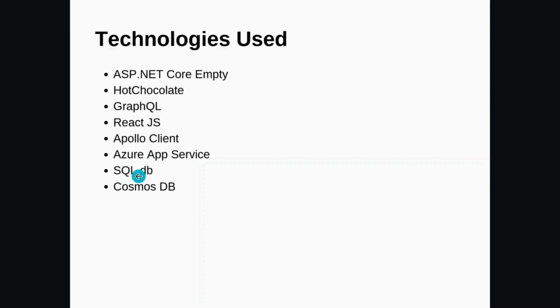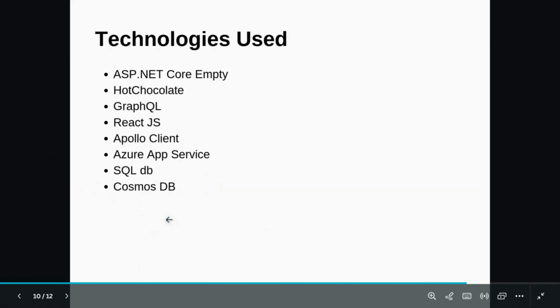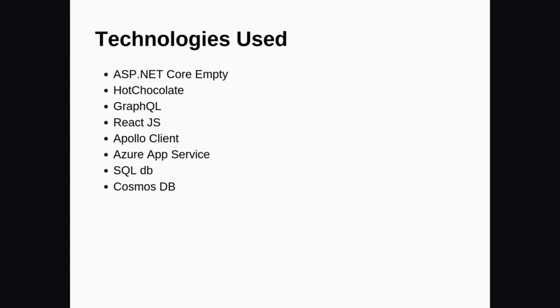Then we are going to use either SQL DB or Cosmos DB. I haven't decided this yet, but maybe I will use Cosmos DB because it is NoSQL and much easier to maintain, instead of writing the table schema and all.